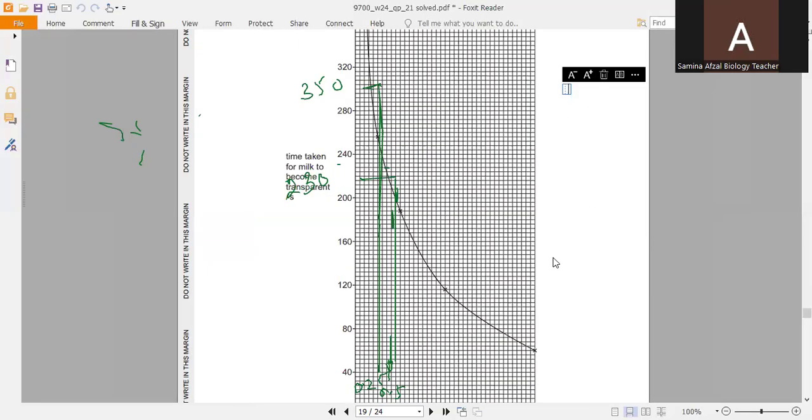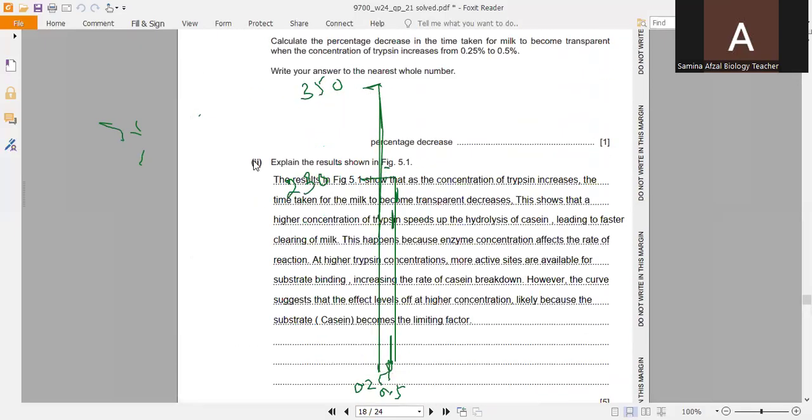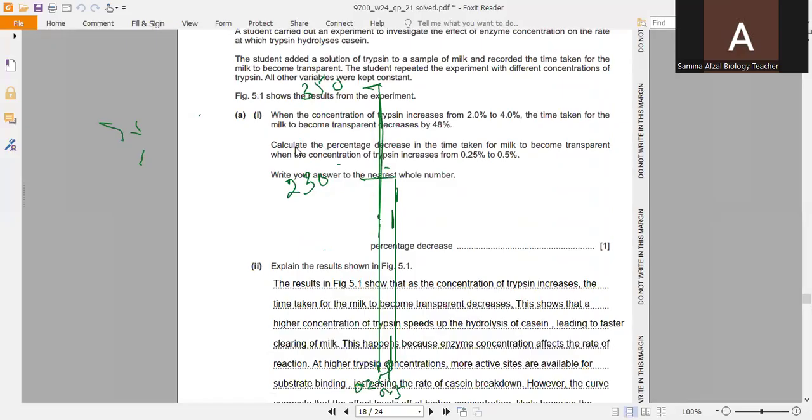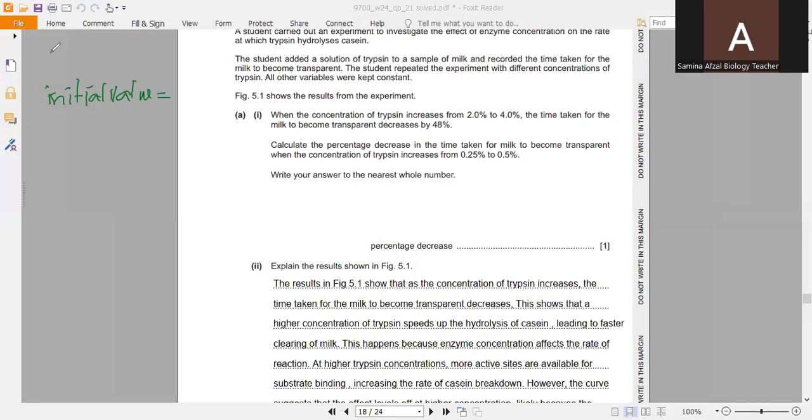Going back to the space where we have to use the formula to calculate the percentage decrease. Now we know the values. The initial time is 350, because it decreased from 0.25 to 0.5, and the final time is 230.